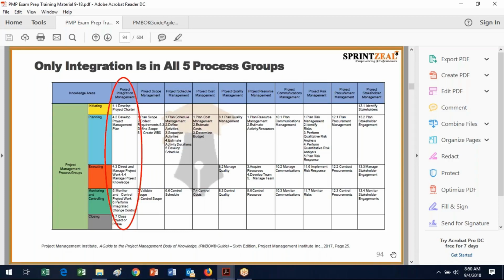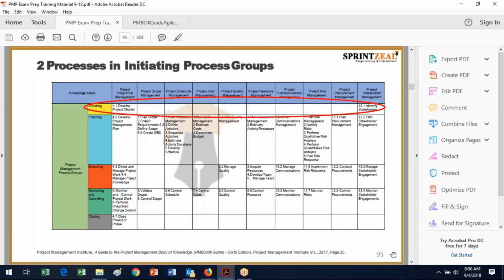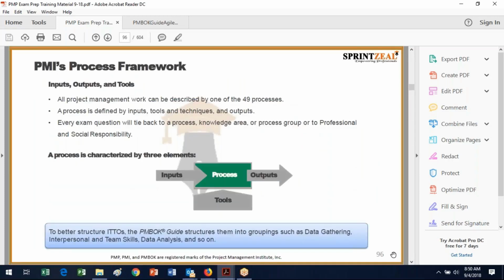So a philosophy that you might want to use is, after you've read through the whole PMBOK, go back and read chapter 4, because when it initially talks about everything in chapter 4, it's a little bit like loose threads, that you don't have all the underlying knowledge, but once you do have the other 9 knowledge areas, it kind of brings everything back together. And you notice there's only 2 in initiating, and now we'll talk about the process framework.